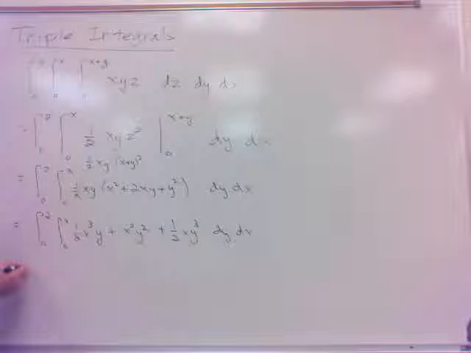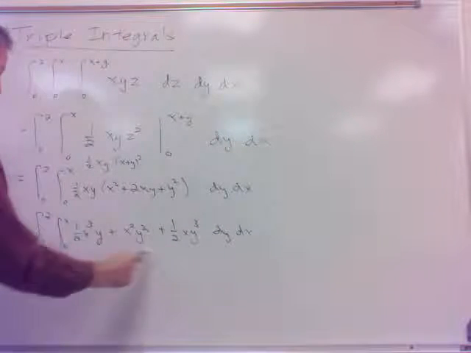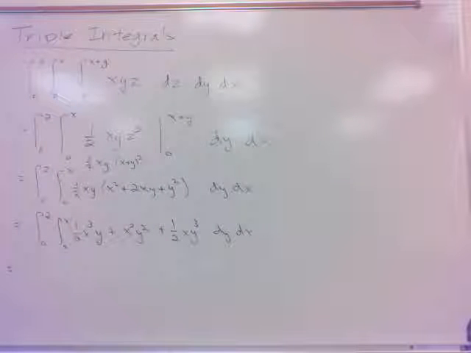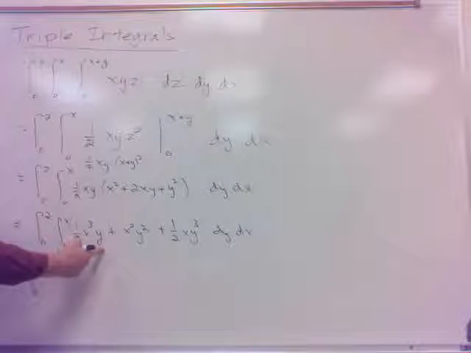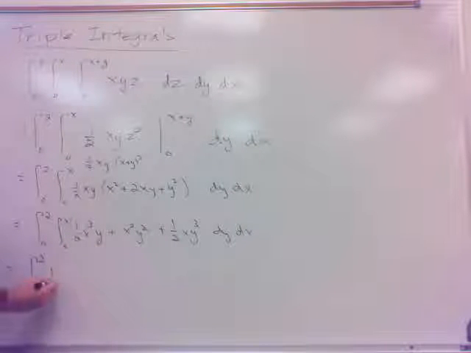And so now we've got something there we can integrate with respect to y. The x are constants, so that'd be 1/4 x cubed y squared.